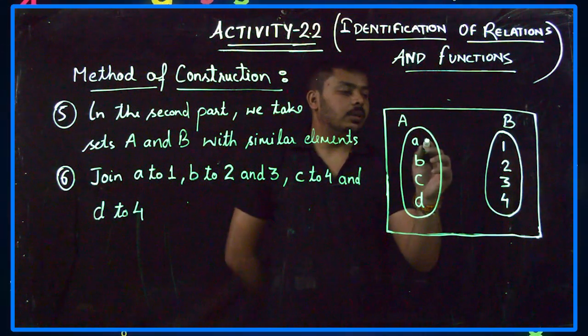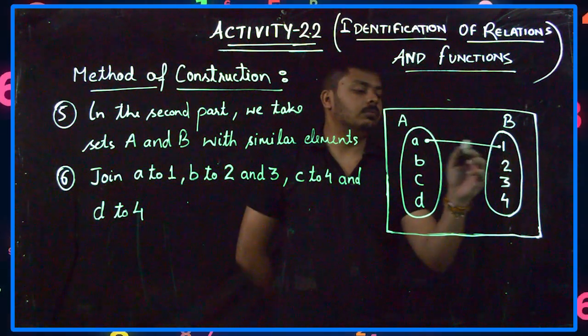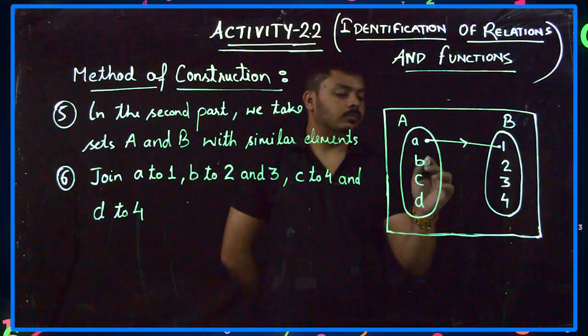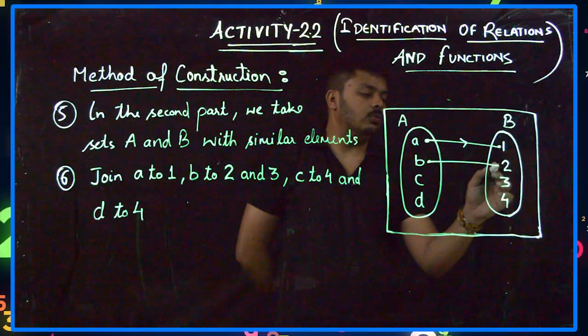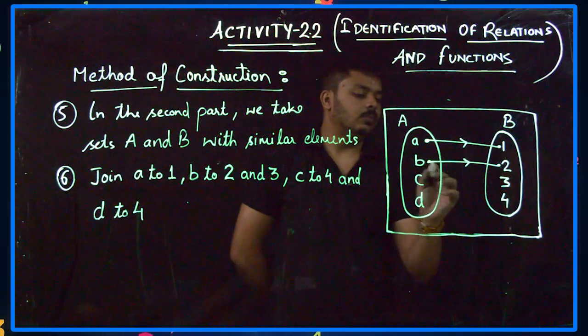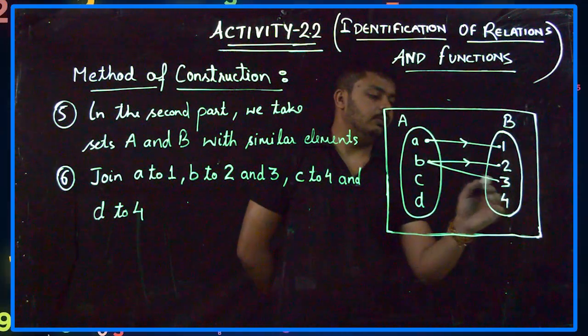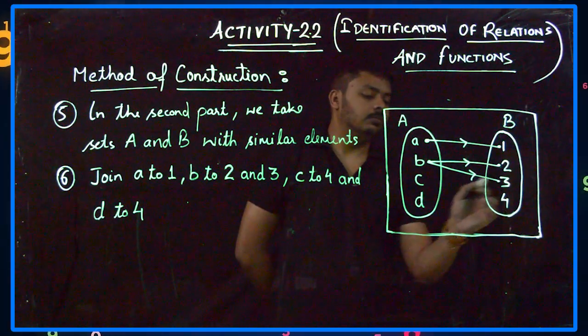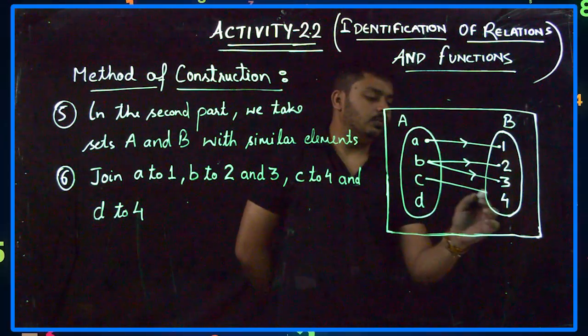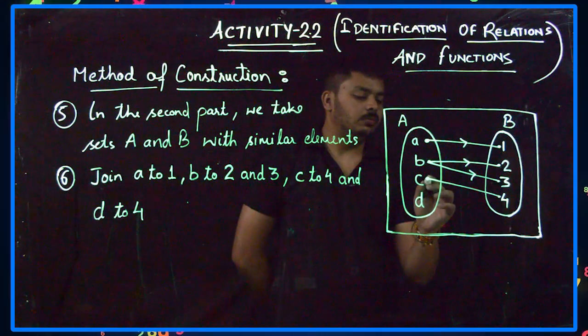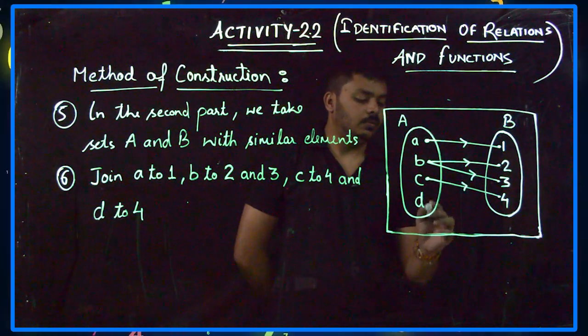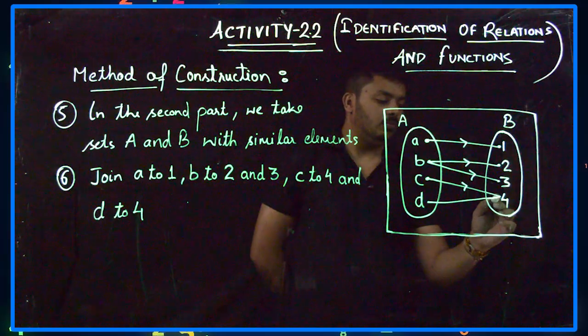That is A to 1, B to 2, 3, C to 4 and D to 4.